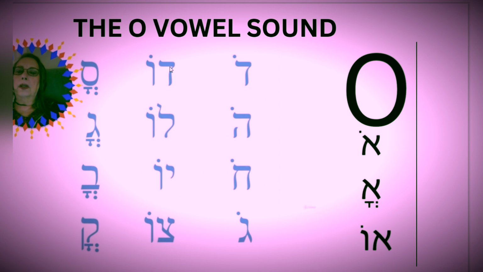And now, when you're reading this, it is silent. That is silent. You are just going to read the D sound and then that vowel marker up on the top of the other letter.